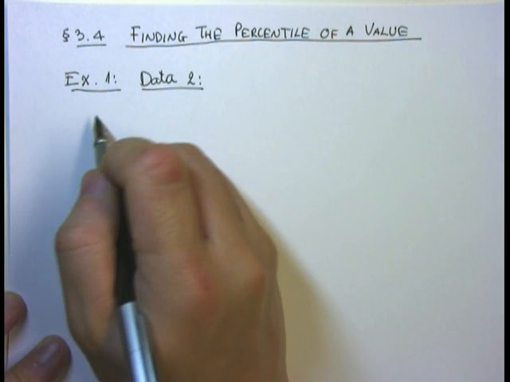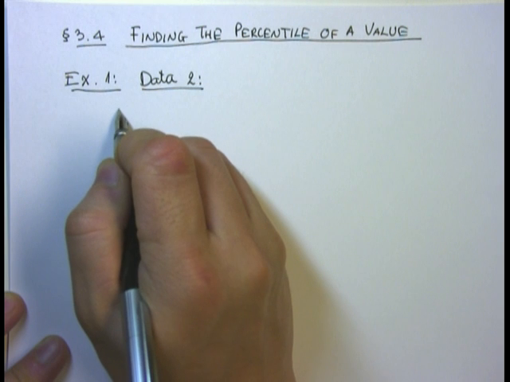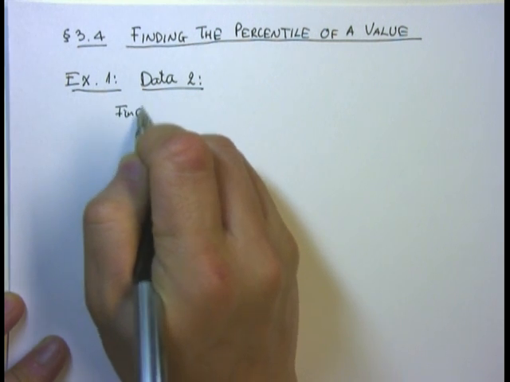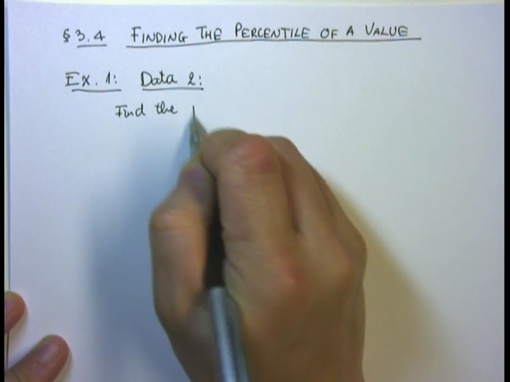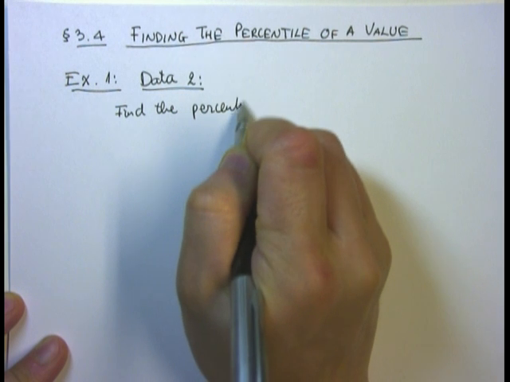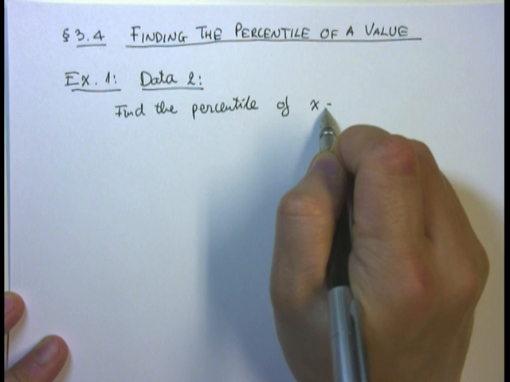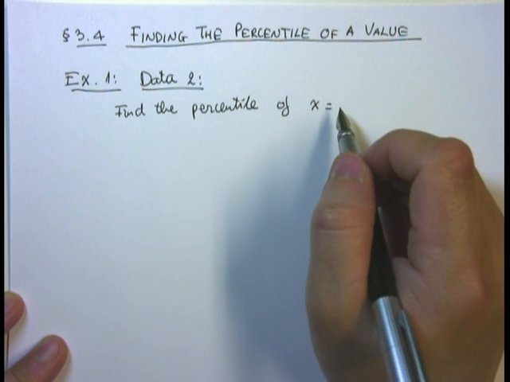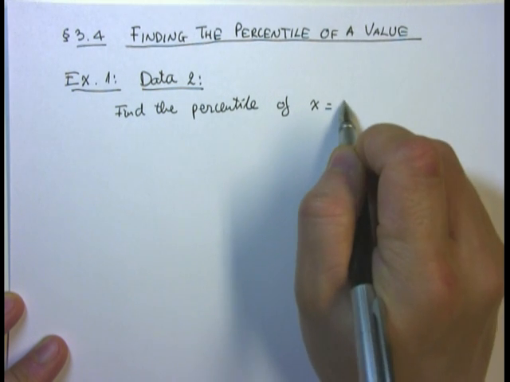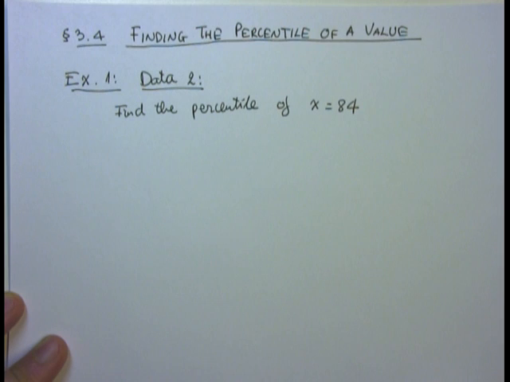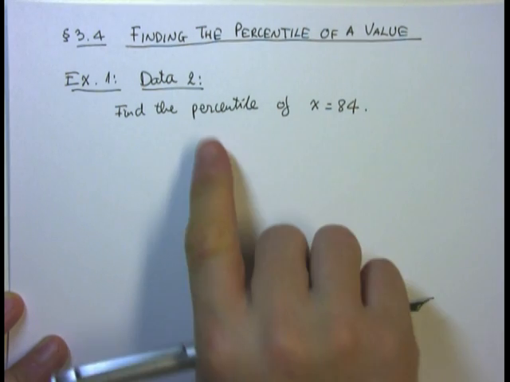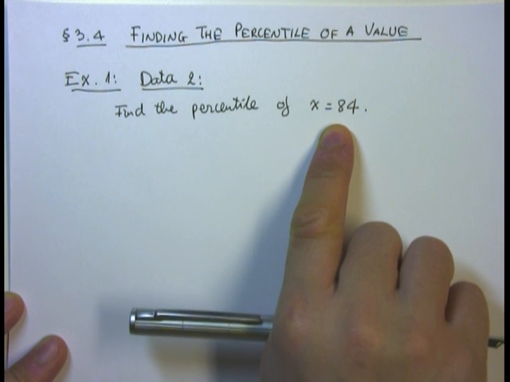So we would like to find the percentile of x equals 84.